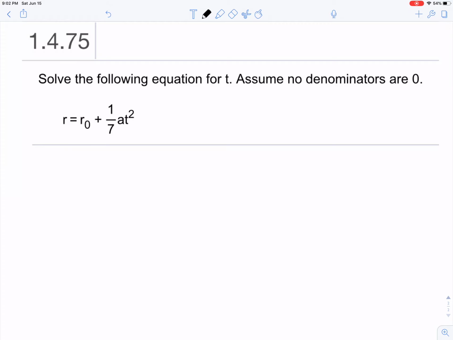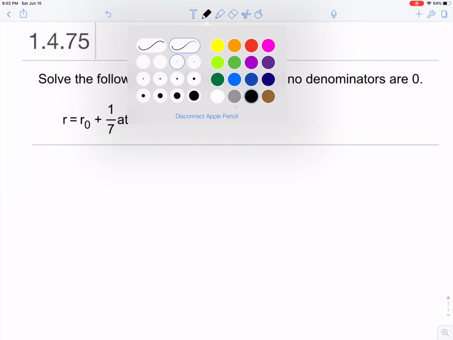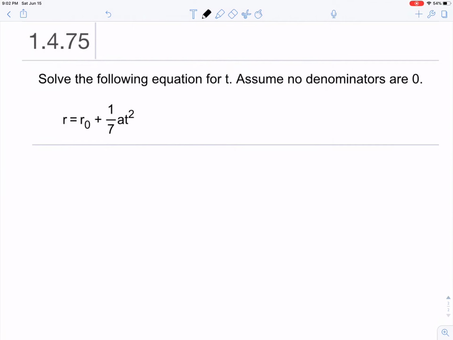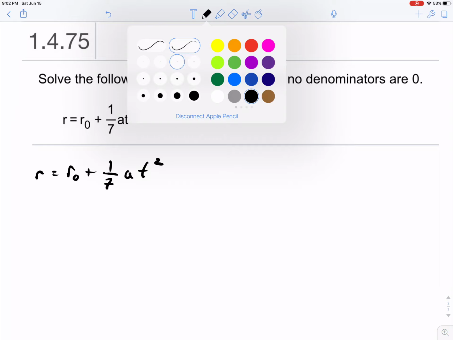Okay, so I'm just going to rewrite the original. We have r equals r naught plus 1/7 a t squared, right? I'm imagining all the other letters are numbers. I'm going to do the same operation, but you don't crunch anything because you don't know the number. And I'm going to imagine that the t is x. So if I was going to solve for t, I want to start by moving things away from the t.